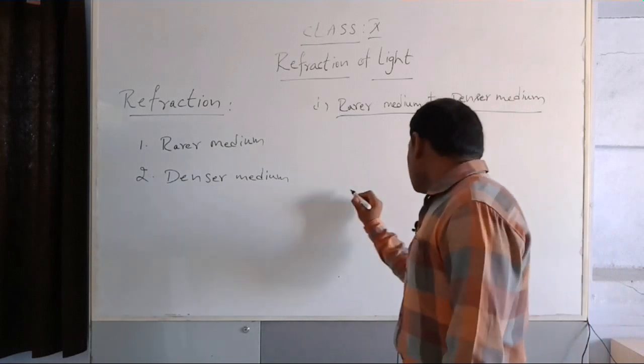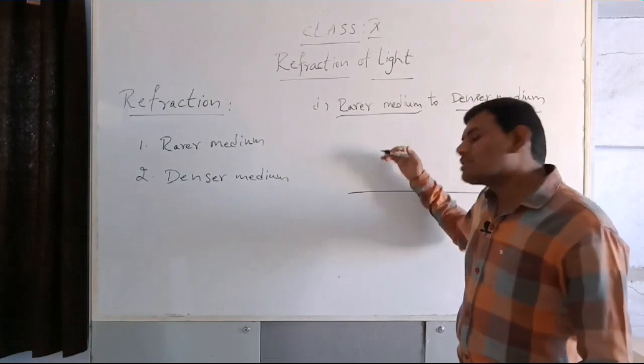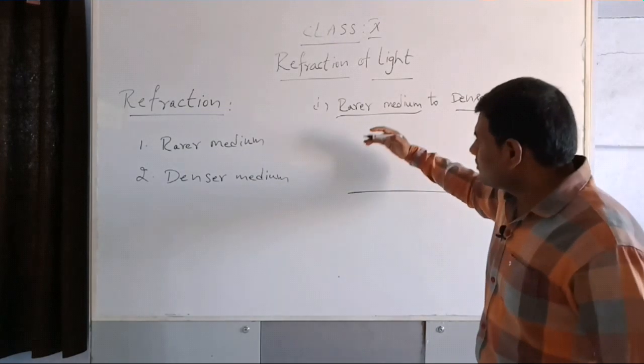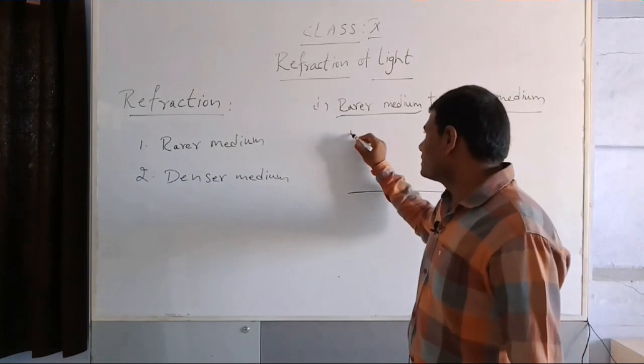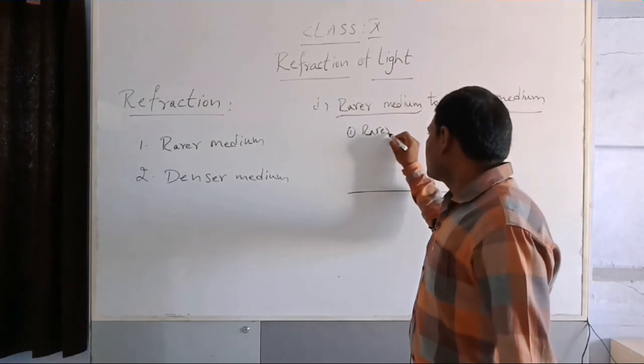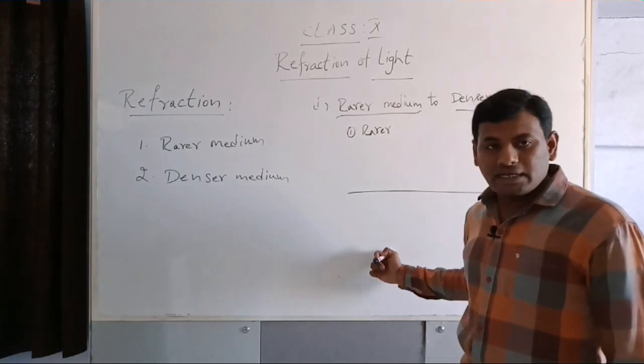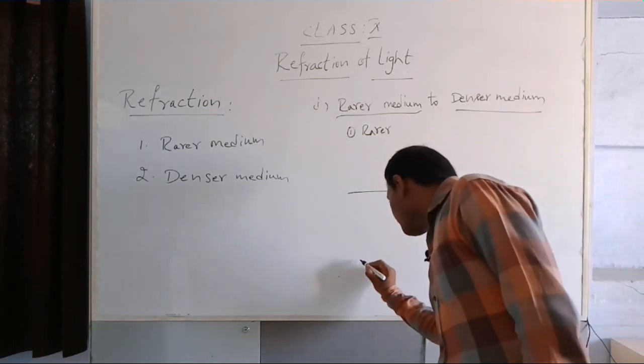Now consider this as an interface between two mediums. Interface means separation between two mediums, and the medium above this, let us take as the first medium, that is rarer medium. And the medium below this interface line, we take as denser medium.